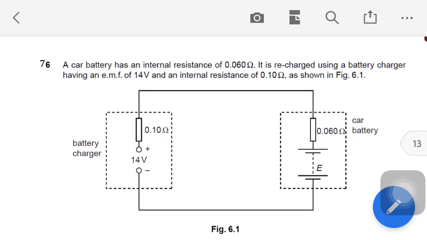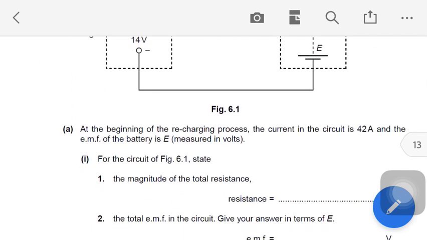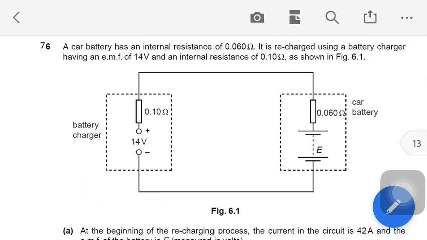So EMF and internal resistance, these two are common. So you have 14 volts, 0.1 ohms, and you have the battery of EMF E and 0.06 ohms. They are connected, and they are asking you to first find the total resistance. That's no issue. You have 0.1 ohm and 0.06 ohm, so the total resistance is 0.16 ohms.